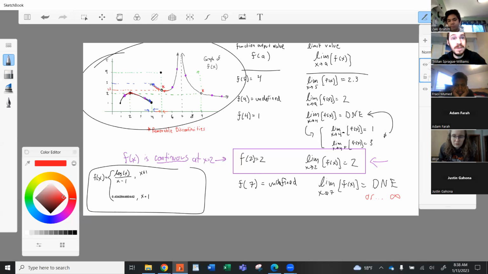Now that is something you can do. You can't ever have a function equal infinity, but you can have it approach infinity. So infinity is a valid answer for a limit, but it's not a valid answer for a function output. So you never want to say f of something equals infinity. No, but the limit of a function could equal infinity. Does that make sense?